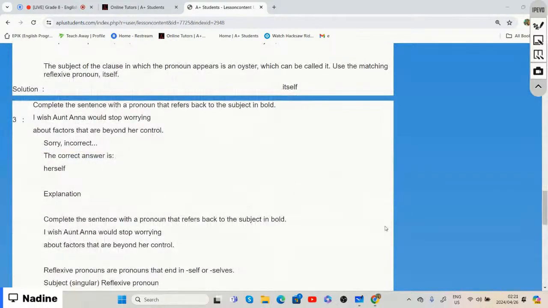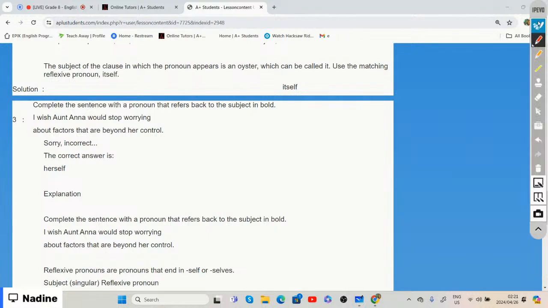And then I wish Aunt Anna would stop worrying about factors that are beyond her control. So now Aunt Anna, we can say it is her, right? Or she. Let's basically say she. I wish she would stop. So we can say Aunt Anna is she. So the pronoun for Aunt Anna is she, right?